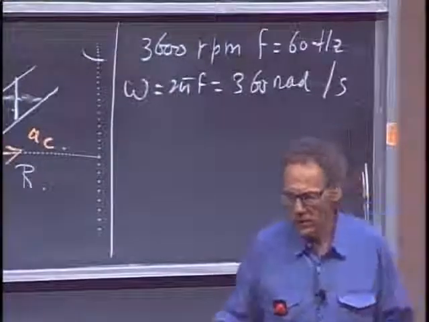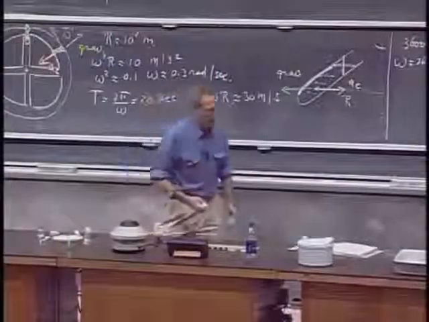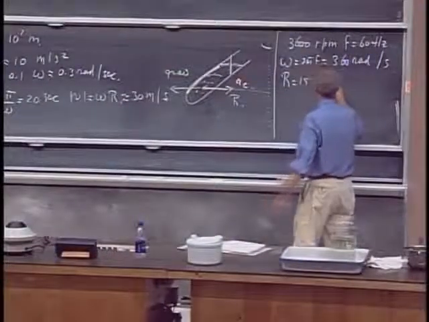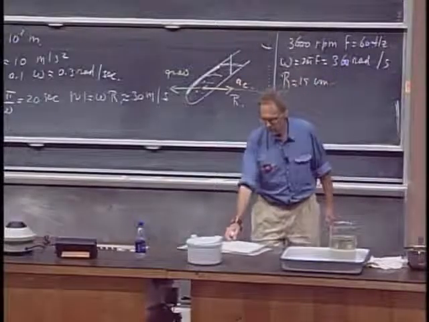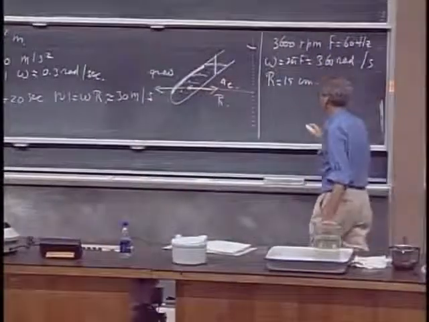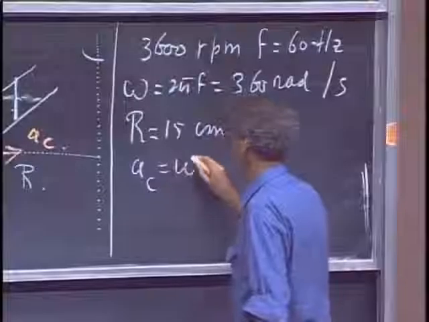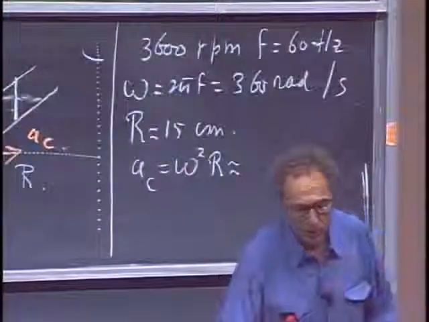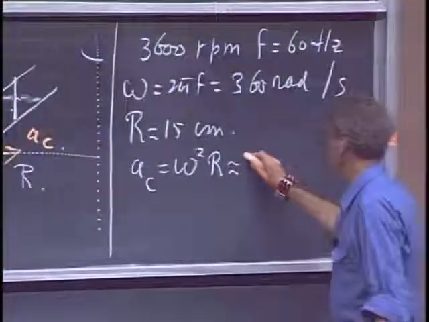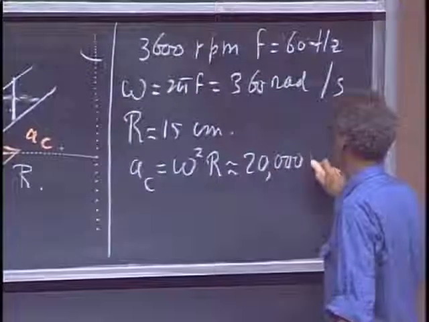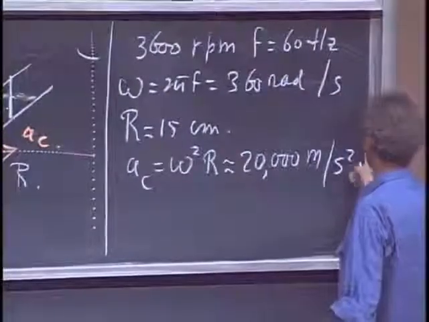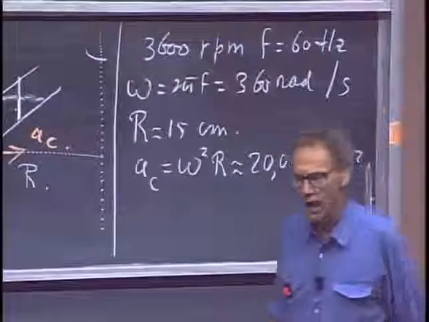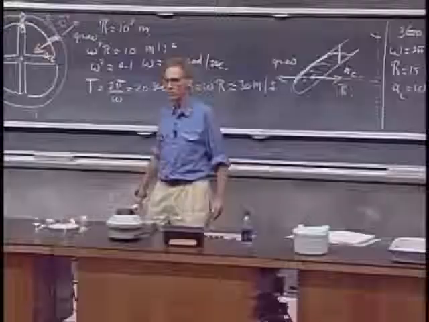If we assume that the radius is maybe 10, 15 centimeters, whatever, let's take a radius of 15 centimeters. And we can calculate now what the centripetal acceleration is, and the centripetal acceleration, a_c, which is omega squared r, is then roughly about 20,000 meters per second squared. And that is 2,000 times the gravitational acceleration.